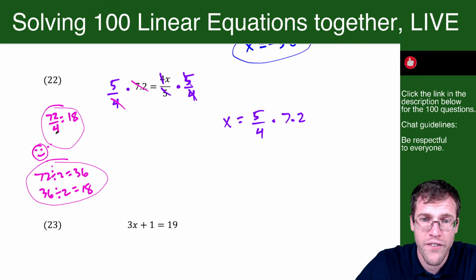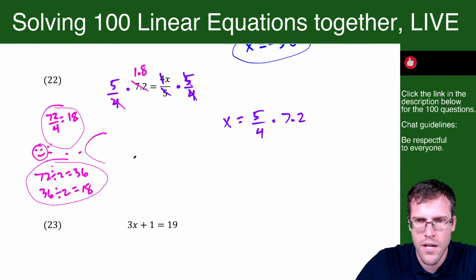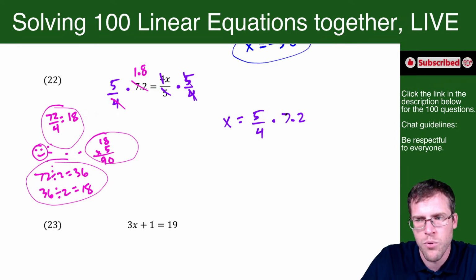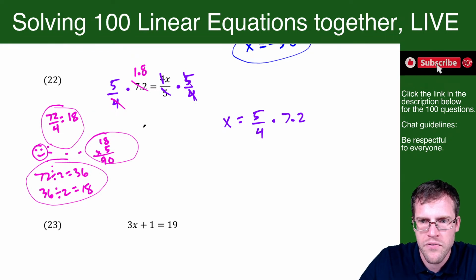Okay, 72 divided by 4 is 18, but 7.2 divided by 4 would be 1.8. Okay, but then you could even imagine here, I'm doing 1.8 times 5. That is a lot like saying 18 times 5. And 18 times 5 is 90, but now with a decimal there, it'll be 9.0. Okay, so here 1.8 times 5 is 9.0 or just 9.